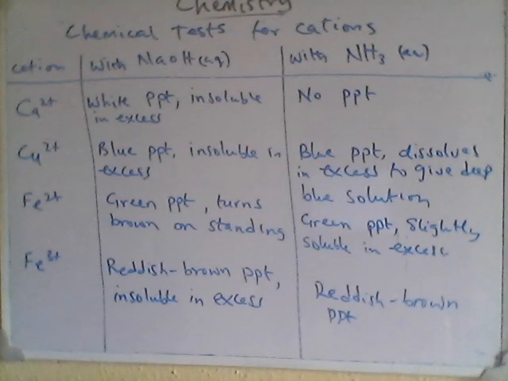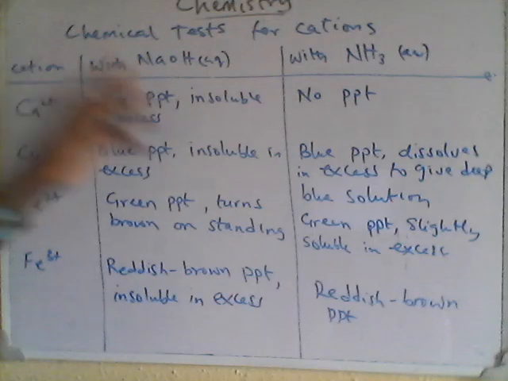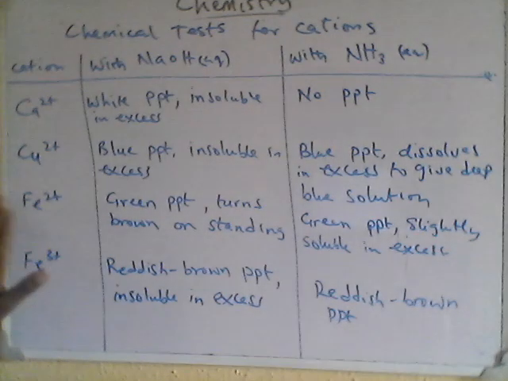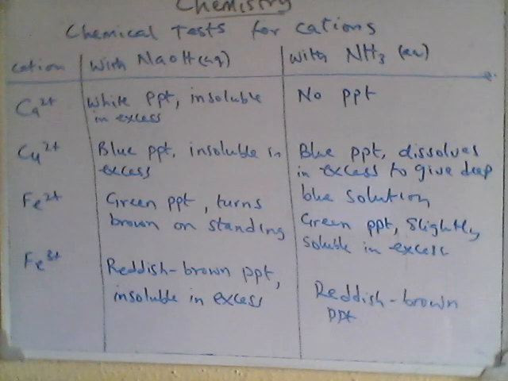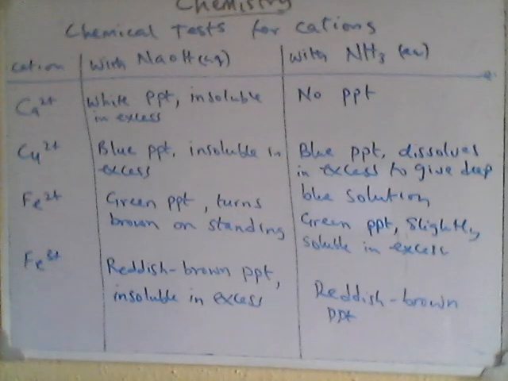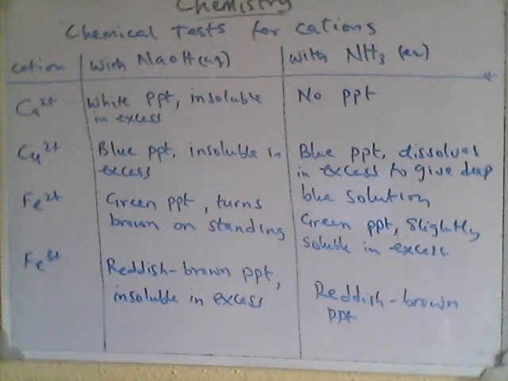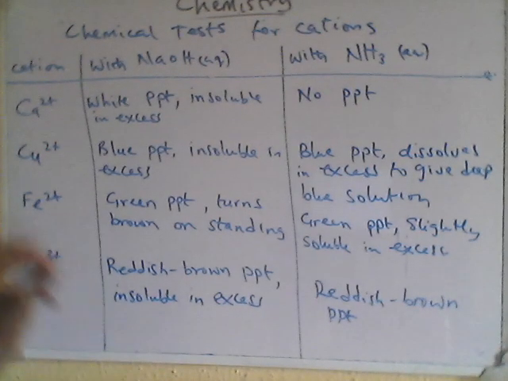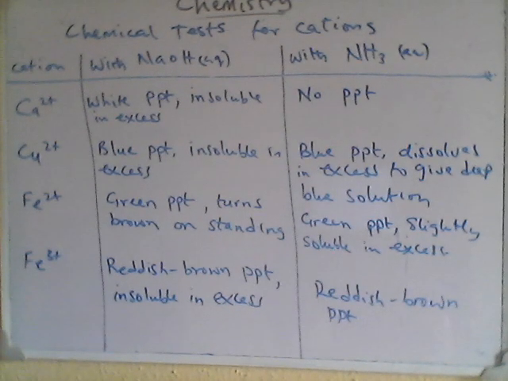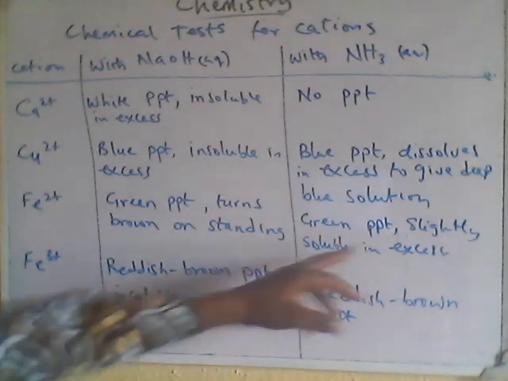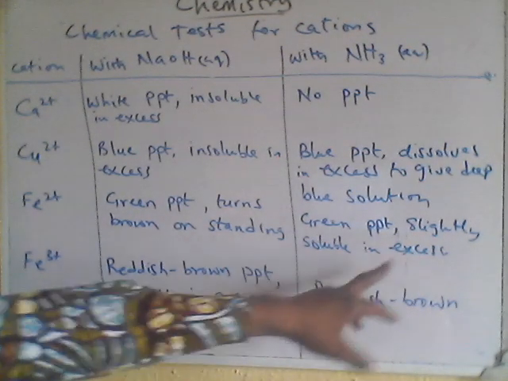Okay, if you want to test with sodium hydroxide on ion 2, you see that there's a green PPT that turns brown on standing. After some time, it turns brown. For aqueous ammonia on ion 2, you see the green PPT is observed, slightly soluble in excess aqueous solution.